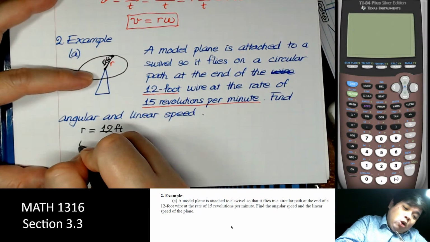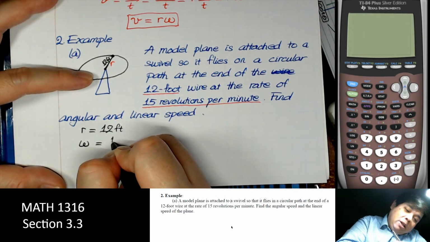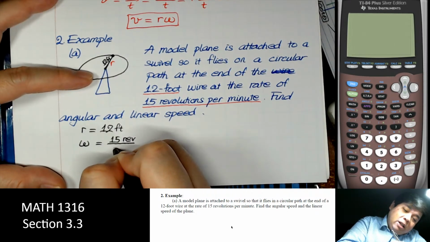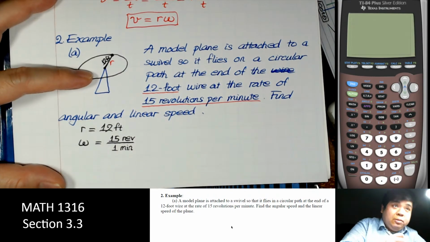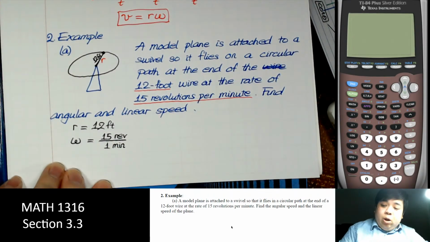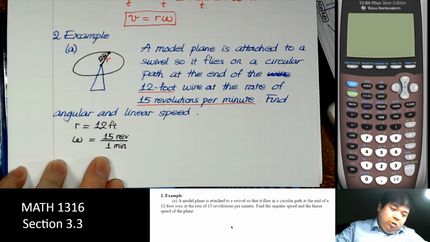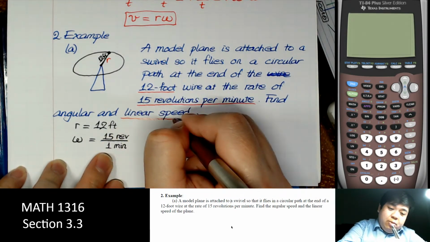So we have omega equal to 15 revolutions per minute. Actually, we have the angular speed. We just need to find the linear speed.